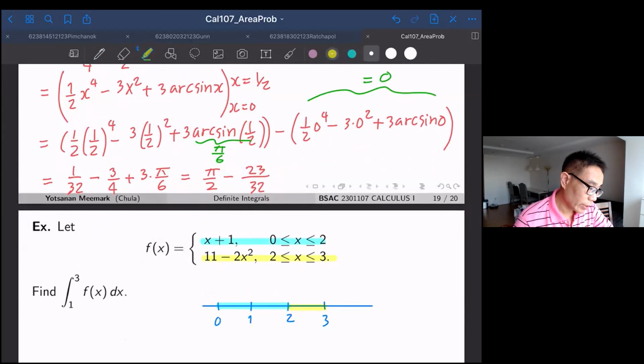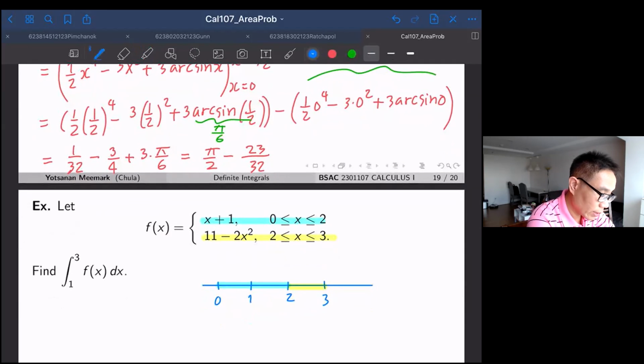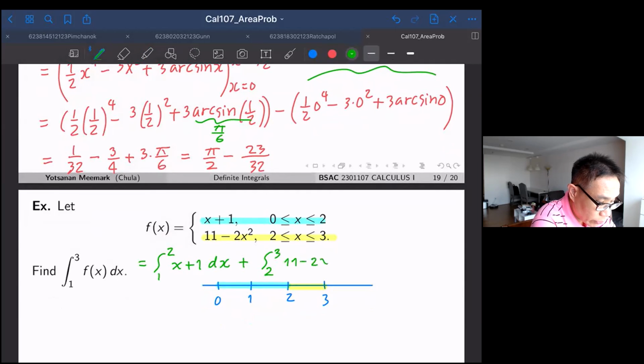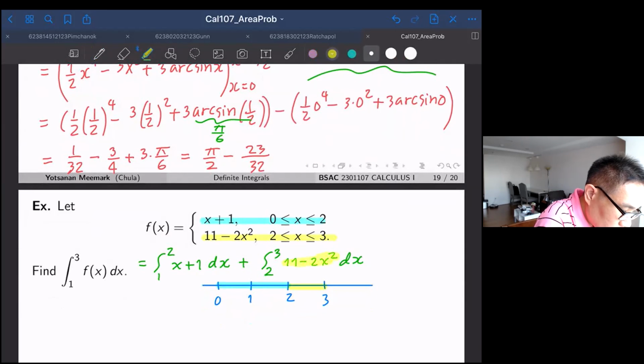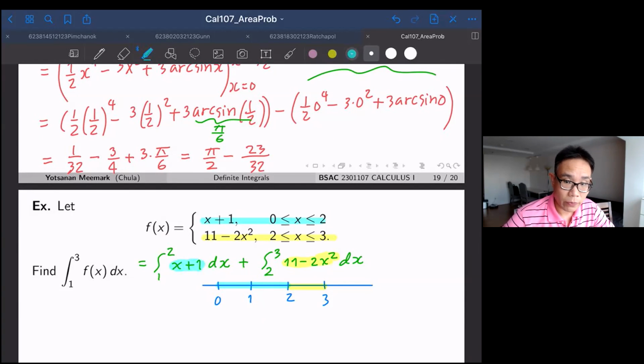Since you'd like to integrate from 1 to 3, you have to split this one into the integral from 1 to 2, where you use the blue color, so it's x plus 1 dx, added to the integral from 2 to 3 of 11 minus 2x squared dx. This one is the yellow one, and this guy is the blue one.